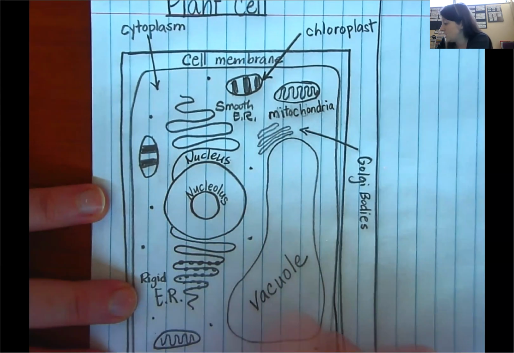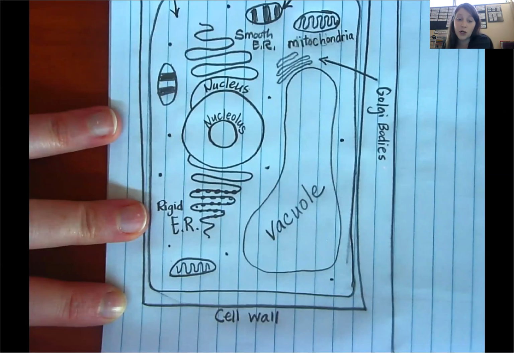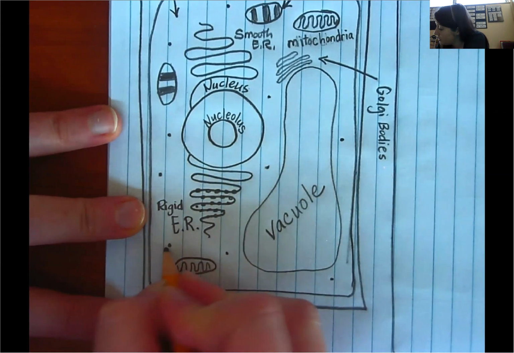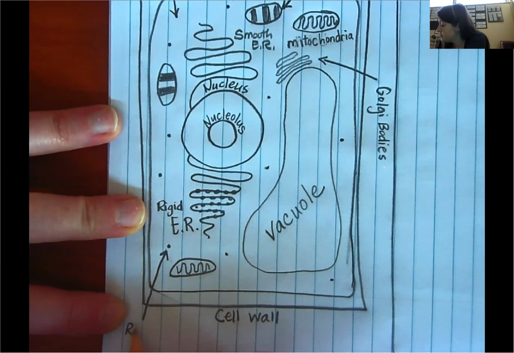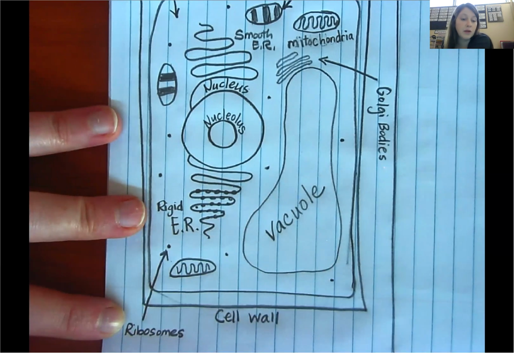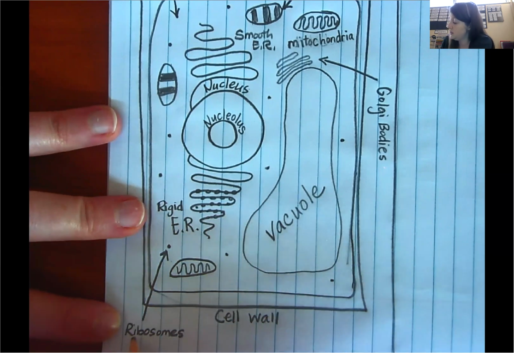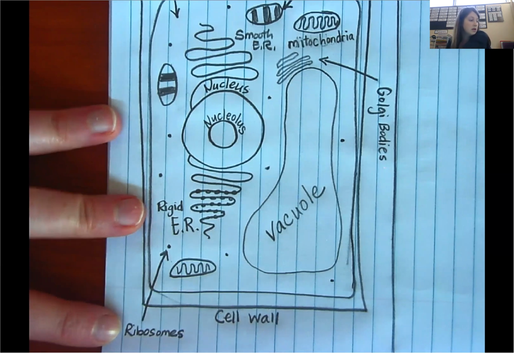I'm sure there's more detail to them if I were to zoom in, but this is what we're going to draw. So these little dots, I'm going to point. These are called ribosomes. And you might be tempted to say ribosomes, but the syllable divides after the I, so it's ribosomes.